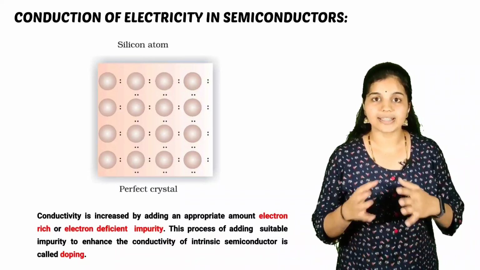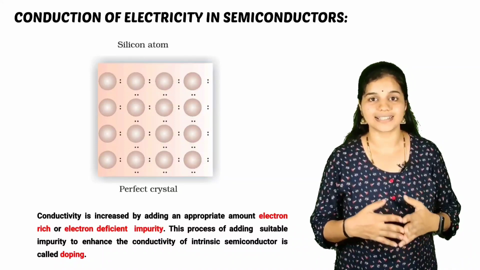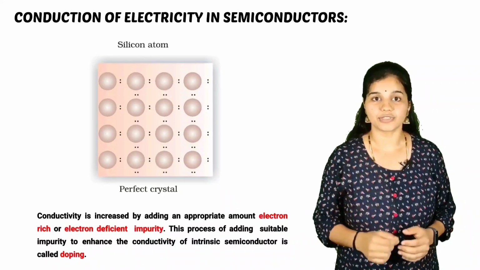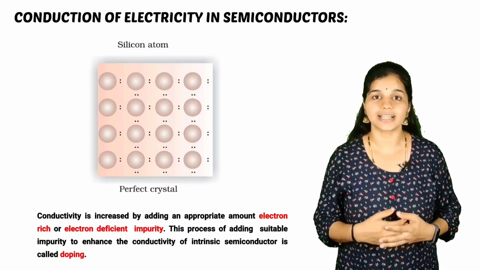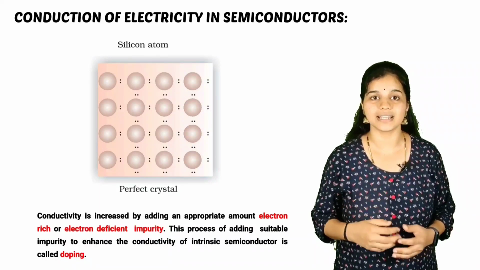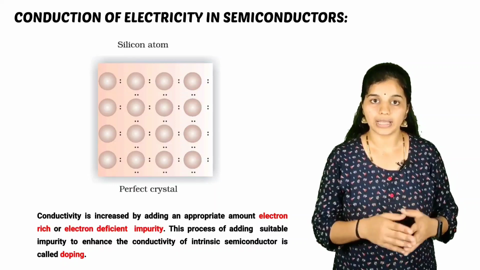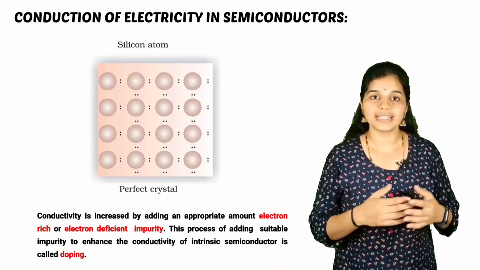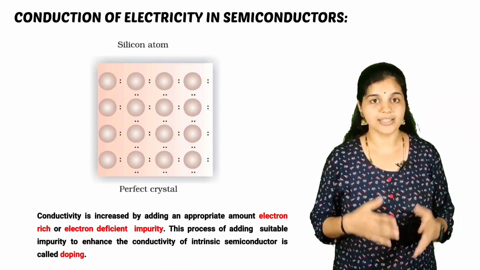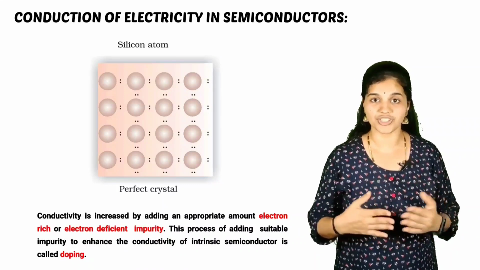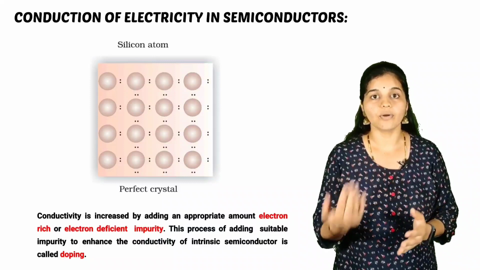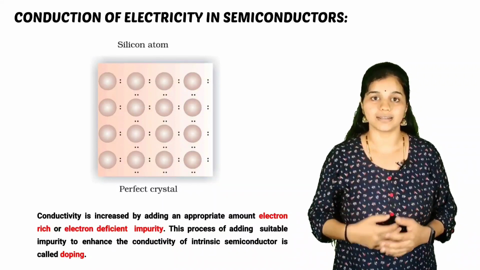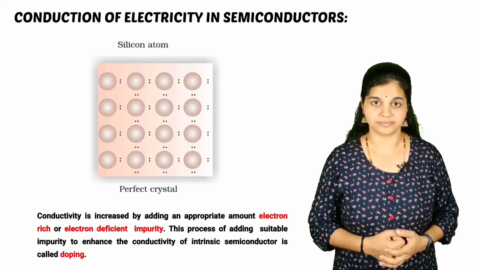These impurities introduce electronic defects and increase the conductivity of intrinsic semiconductors. Now, let us see which are the electron-rich impurities and which are the electron-deficient impurities that can be added to silicon or germanium to increase their electrical conductivity.